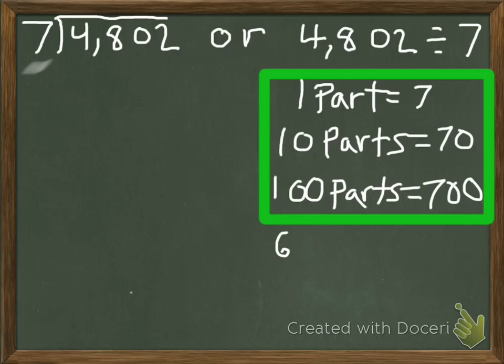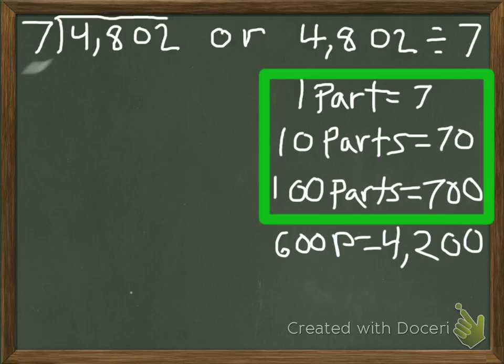So if I can times 6 into 700 parts, or 6 times 700, which is 100 parts, that's going to be 600 parts, which is equal to 42,000. So if I go 6 times 7, if I have 100 parts equals 700, well, 6 of those would be 600 parts equaling 42,000.